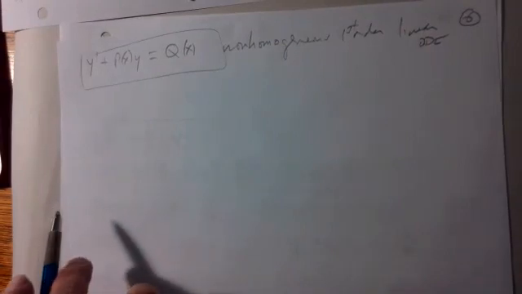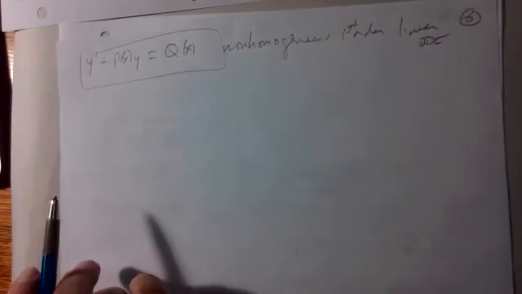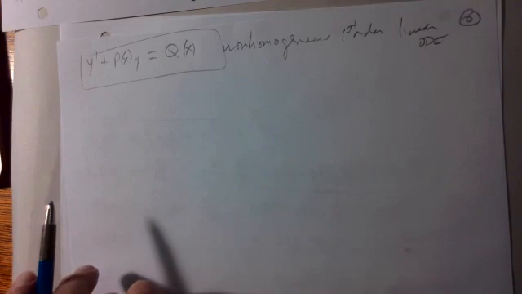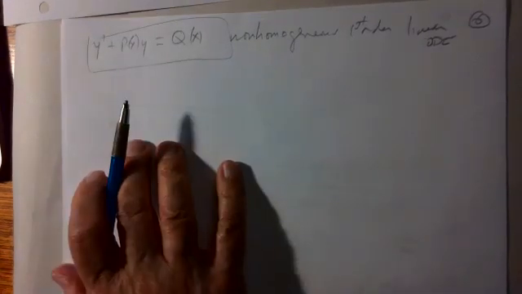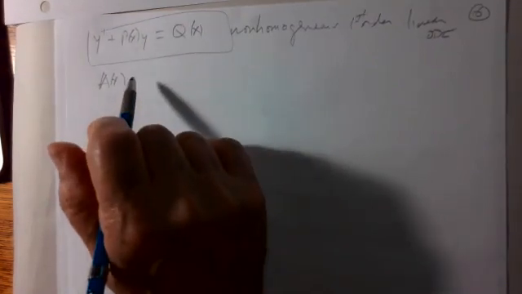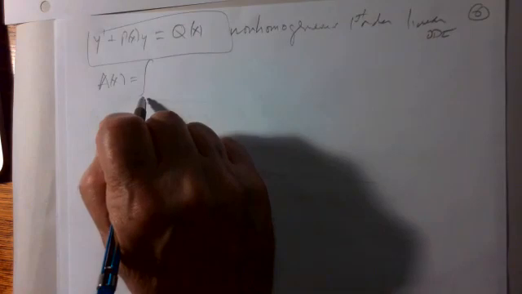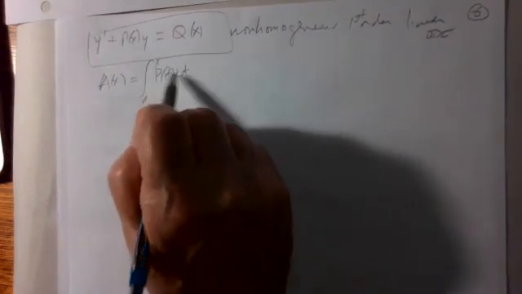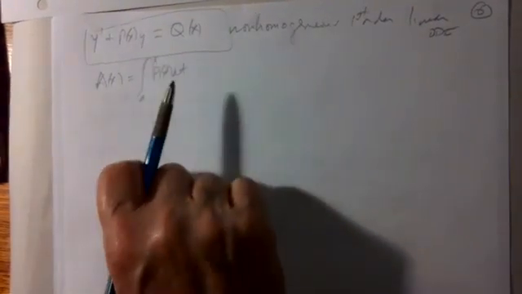And so what we can do is, remembering what we did previously for the homogeneous equation, we had the function A of x, which was the integral from a to x of p of t dt.